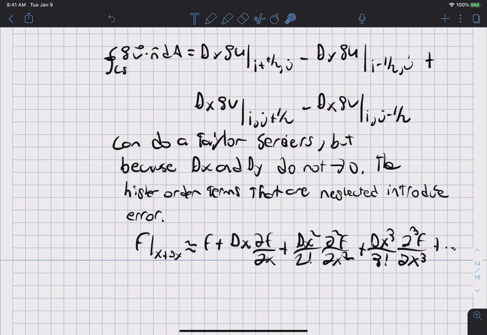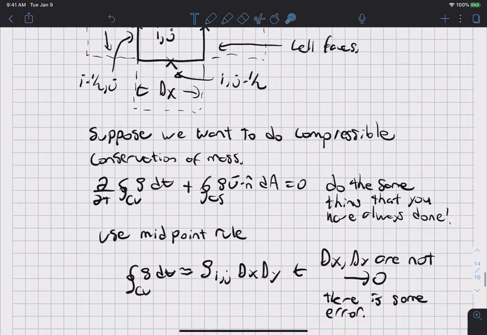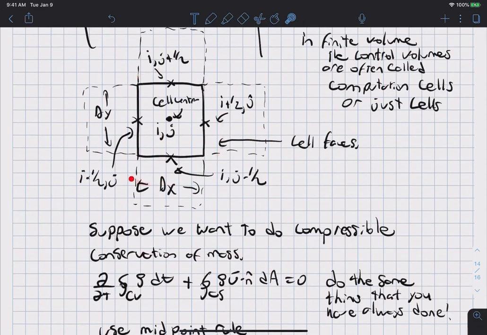Okay, but again, the moral of the story here is that with finite volume, you basically do exactly what you did for about the past 6 weeks. You just use the integral form of your conservation laws, could be mass, momentum, or energy, and you walk around the control volume.